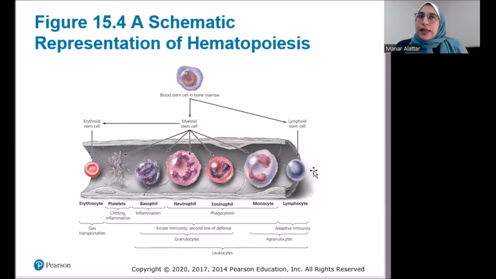Now, lymphocytes have 3 different types that they can mature into. One is a natural killer cell, and these are general white cells that just take out microbial agents generally. But also lymphocytes, the other 2 types, are T cells and B cells, and these are very specific immune cells that detect very specific antigens. And so T cells and B cells are going to be a big portion of our discussion in chapter 16 as well. Okay.